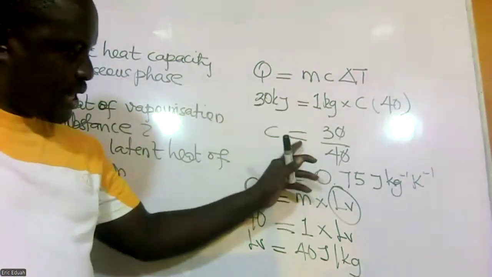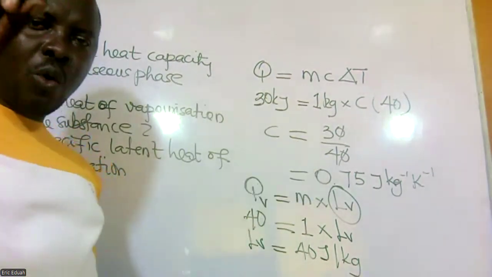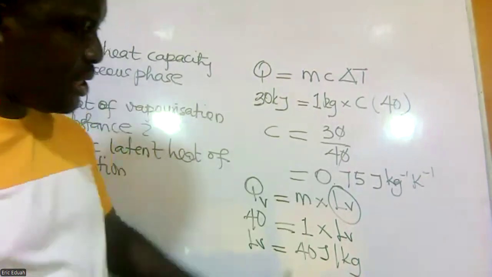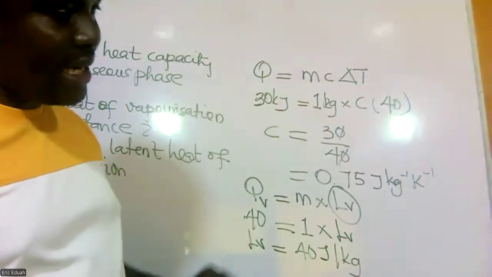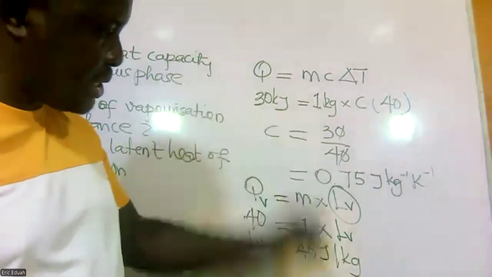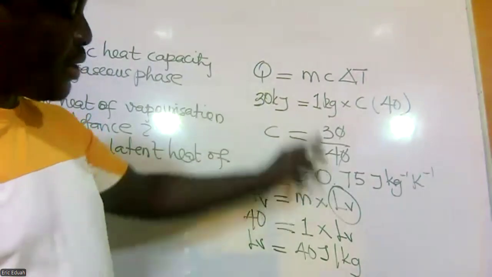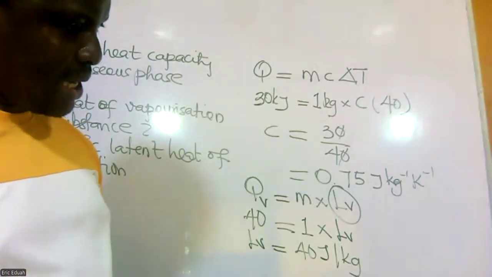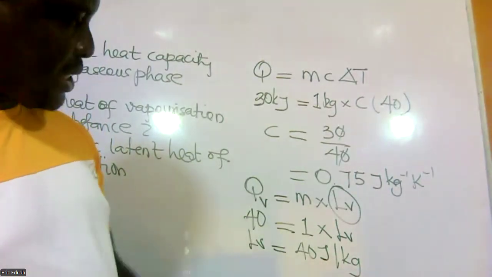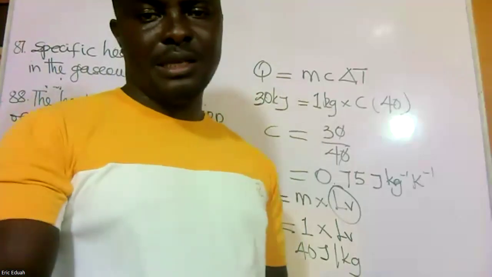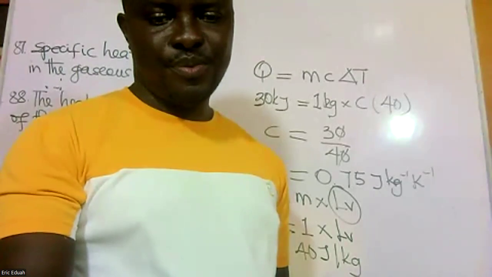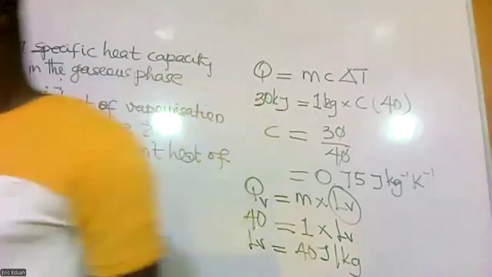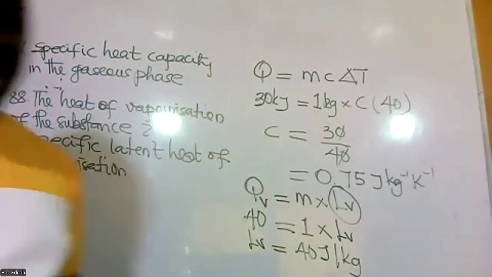I think this is the specific heat capacity in the gaseous state. So work out the specific heat capacity of the substance in a liquid state and then determine that in the solid state and compare C in the liquid state to C in the solid state. I'll get back to you. Well, I look at another question.